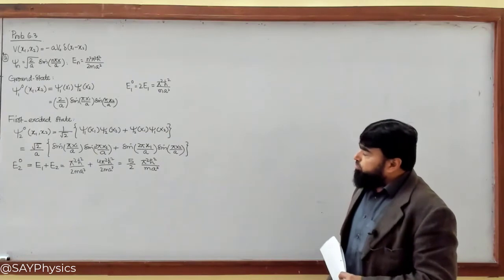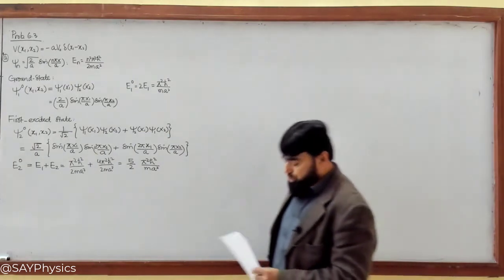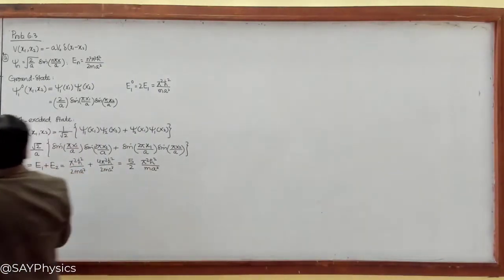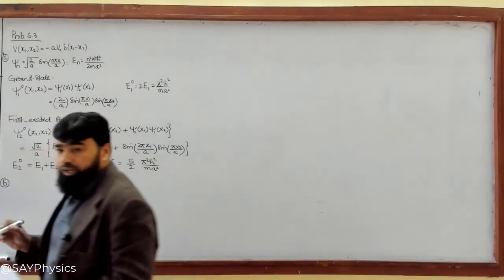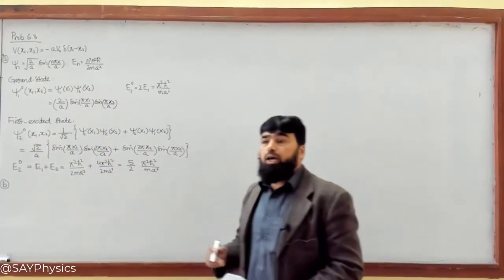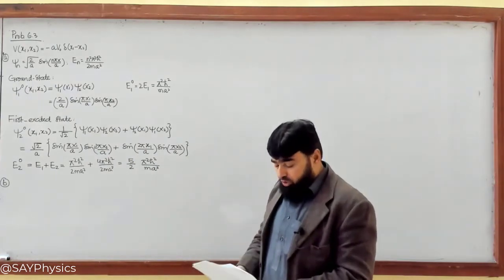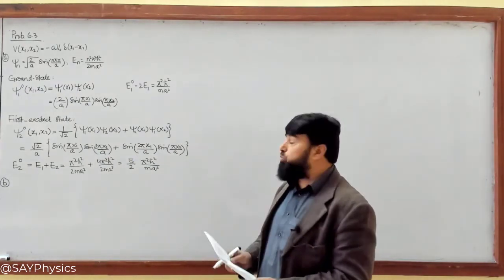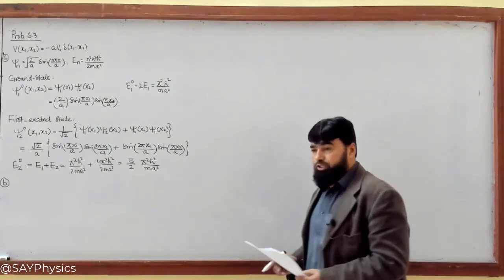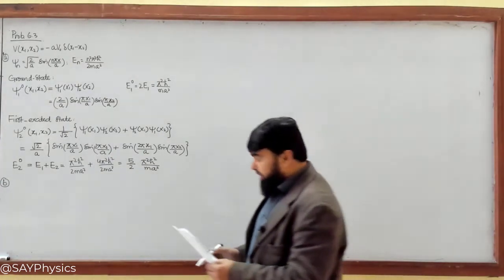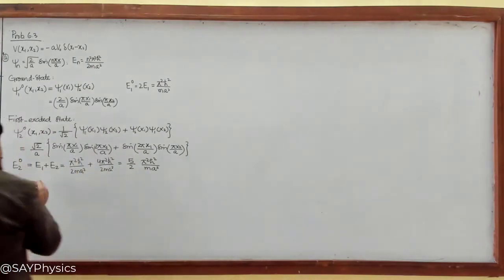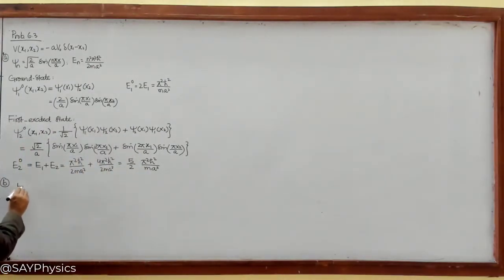And now we are set to go to part B. In part B, when we consider their weak interaction, it will be a kind of perturbation. So how are these wave functions and these energies modified for the bosons? The very first one is the first order correction, which is E11.